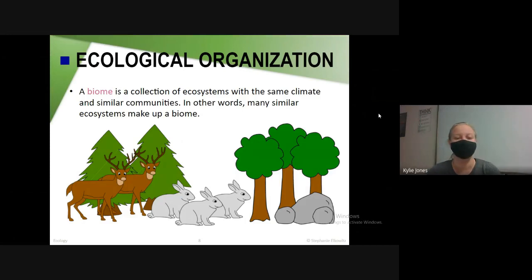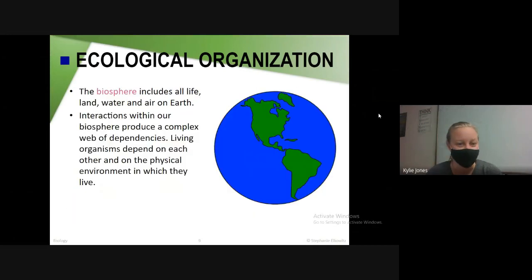Yep. Good. All right, and finally, our last one, a biosphere. It literally includes all life, land, water, and air on Earth. So basically, the biosphere is Earth. So it just got really, really big. You have these big sections of parts of the Earth that are biomes, but when you include everything on Earth, you get the biosphere.